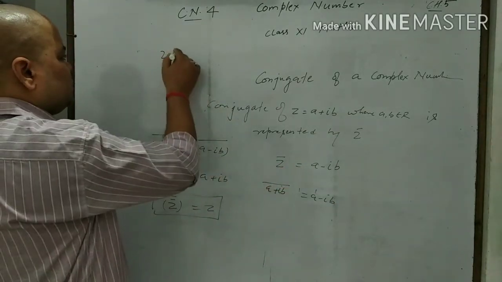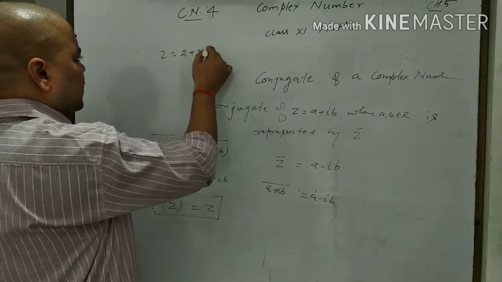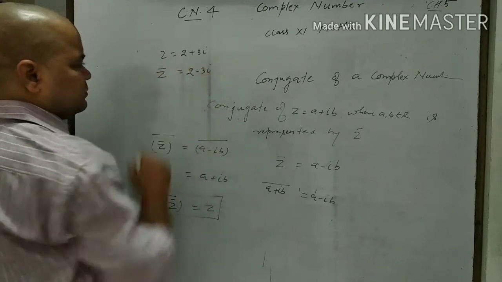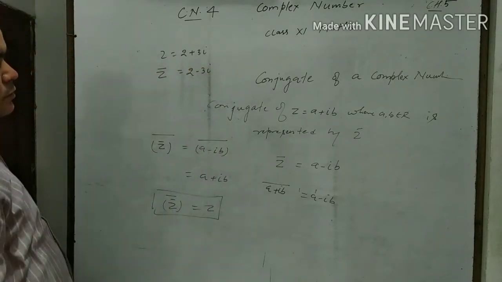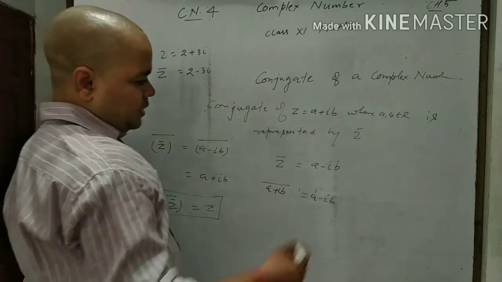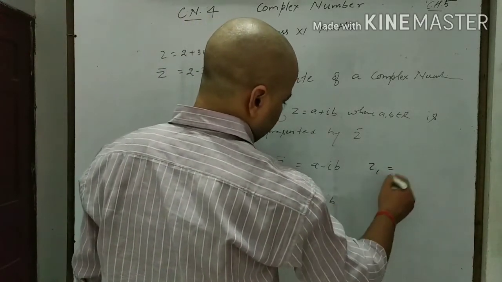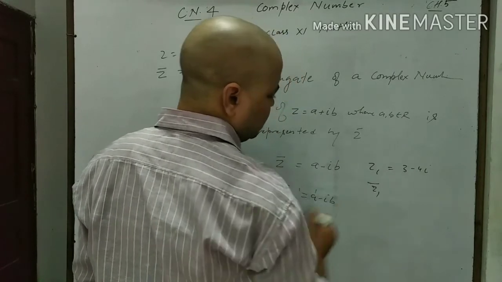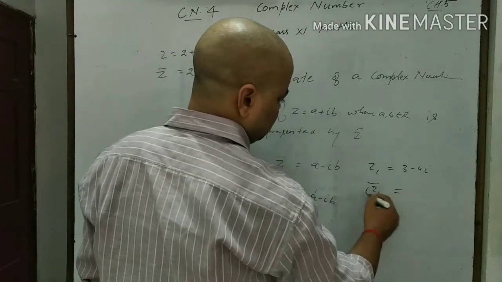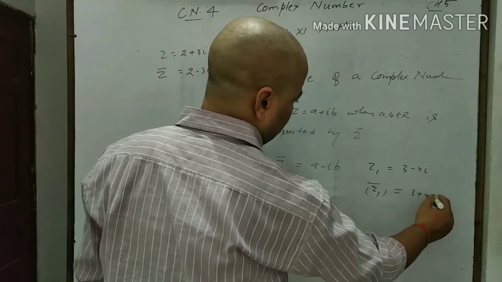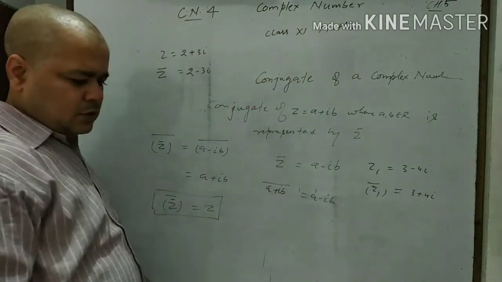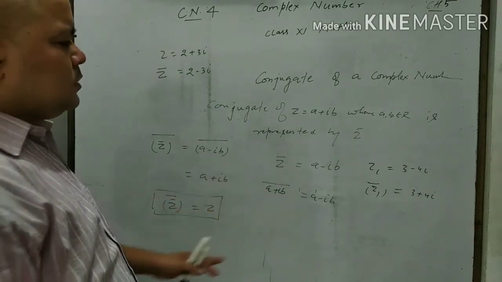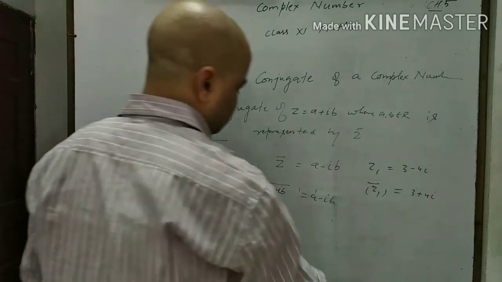If we have z is equal to 2 plus 3i, then its conjugate is equal to 2 minus 3i. Again we have more example. If z1 is equal to 3 minus 4i, then conjugate of this z1 is equal to 3 plus 4i. In this way, we can find the conjugate of any complex number.